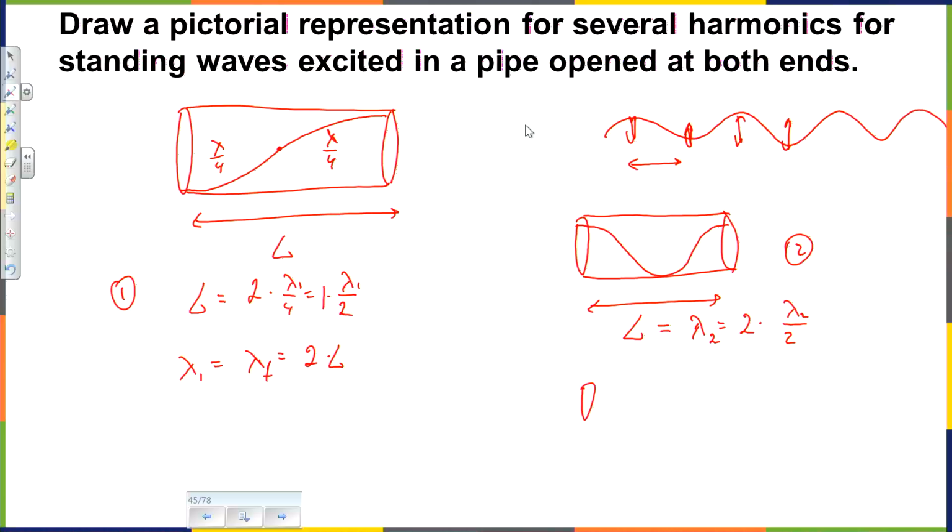Because the next mode, which can be generated in the same tube, the third mode, should have again an antinode here, an opposite antinode here, and two more antinodes. We're adding antinodes every time. So again, now I can imagine I take this, but now I squeeze it to fit in the tube.